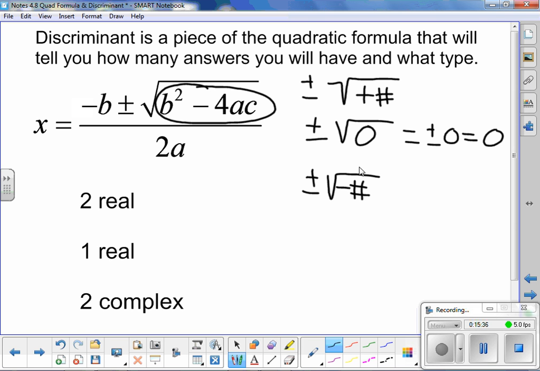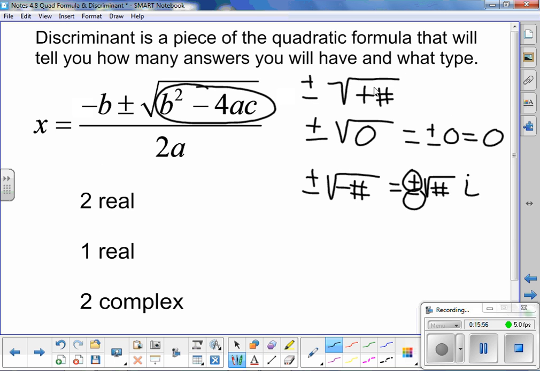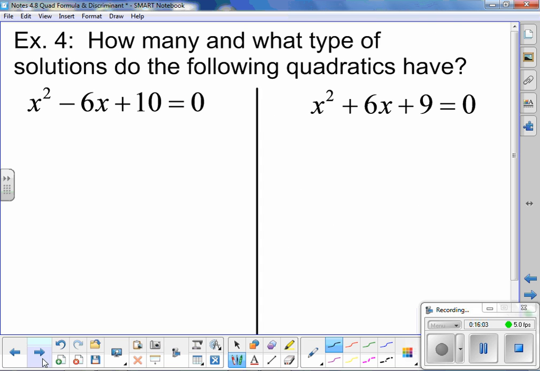A negative number means that you're going to have plus or minus the square root of the number, and then you're going to take out an i. So actually you're going to have two complex answers, a positive answer and a negative answer, okay? So that's what I mean by over here. Two real numbers happens when you have a positive. One real happens when you have a 0. Two complex happens when you have a negative number in there.